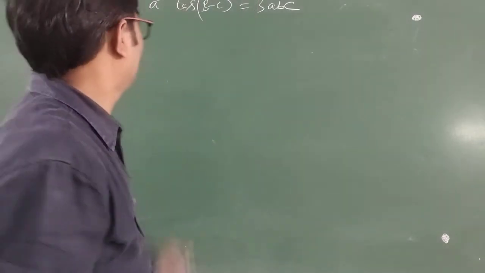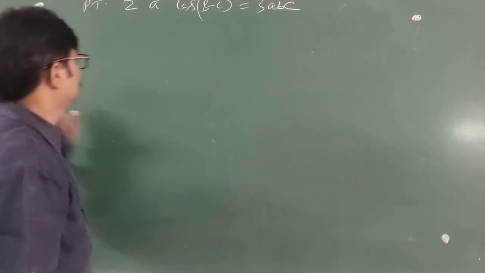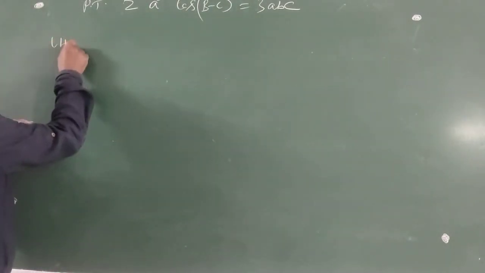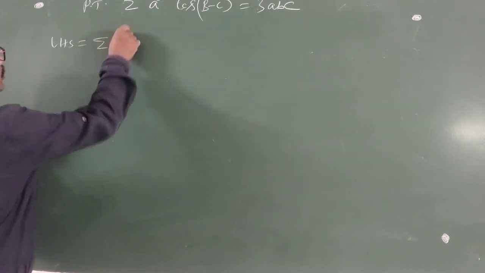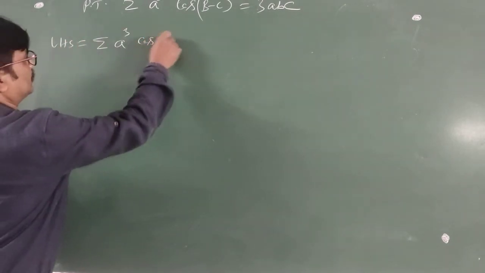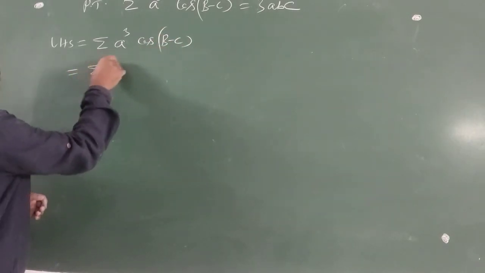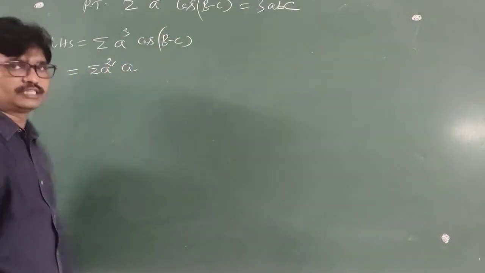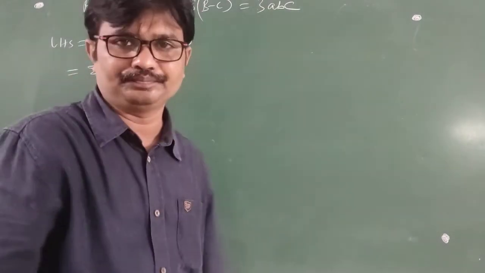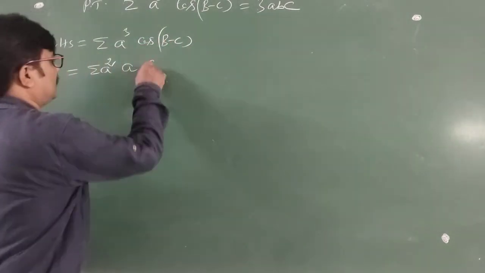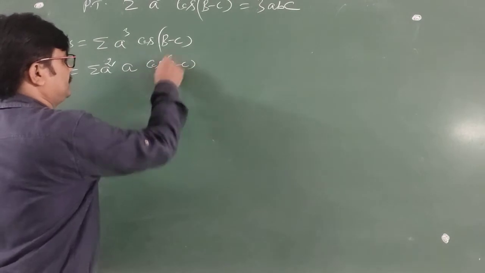Here, this is one of the very important ones. First we take the left hand side, sigma a cube cos of (B minus C). First you can write a cube as a square into a, times cos of (B minus C).